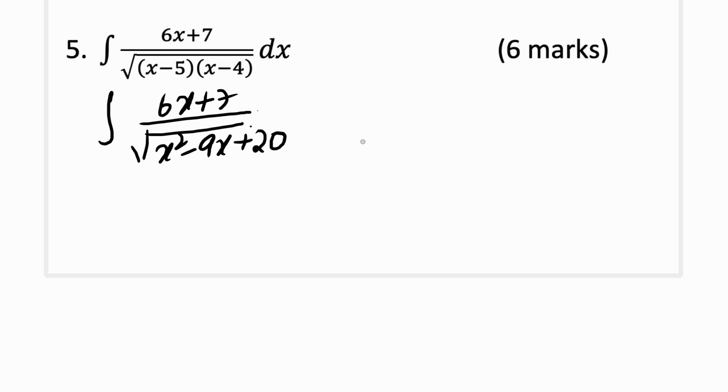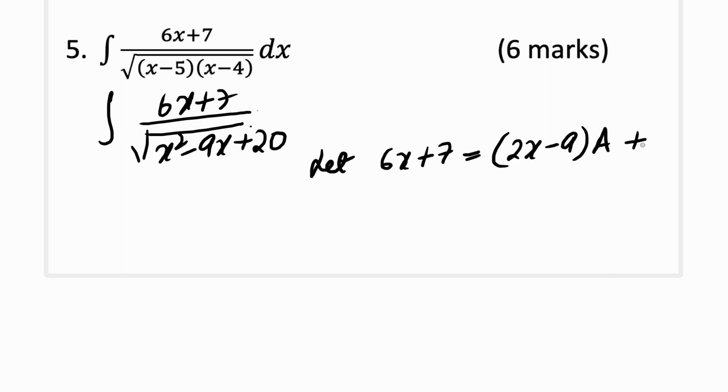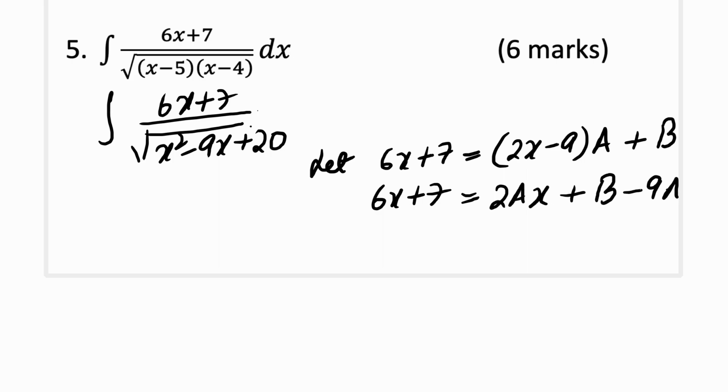So now what we'll try and write down? We'll write down as let 6x plus 7 is equal to a times the differentiation of the denominator, which is 2x minus 9, plus b. Okay, so now we'll compare the coefficients. 6x plus 7 is equal to 2ax plus b minus 9a.